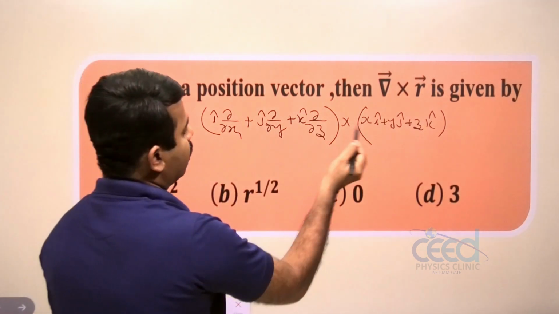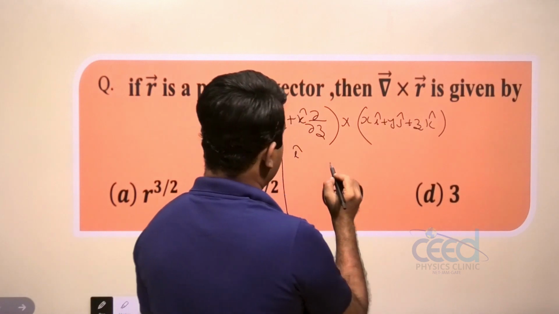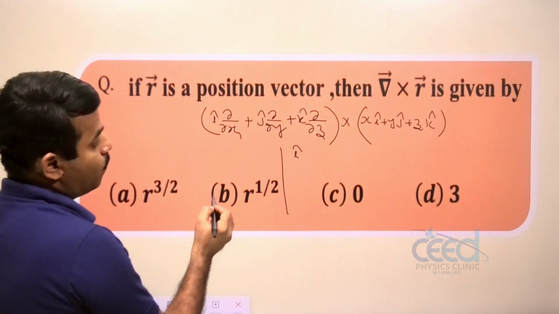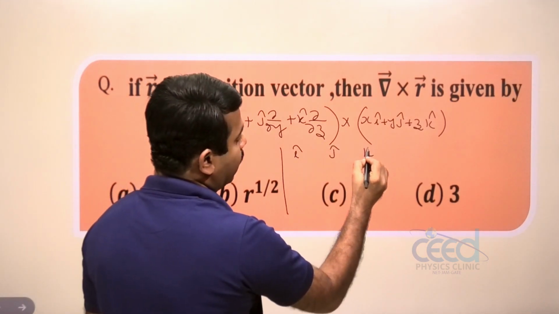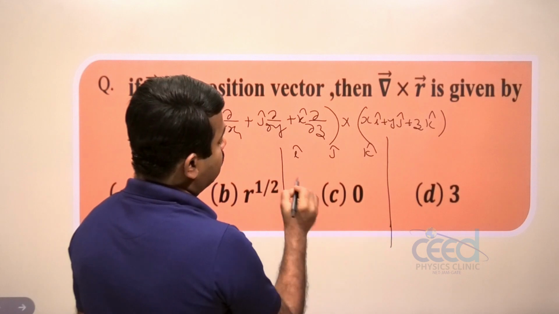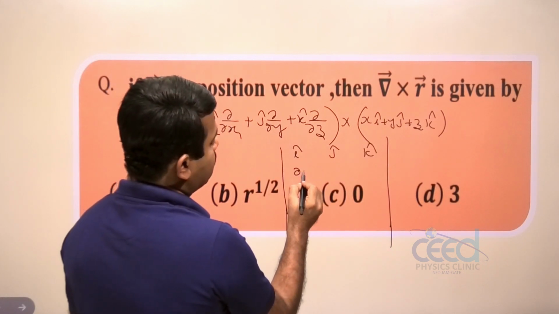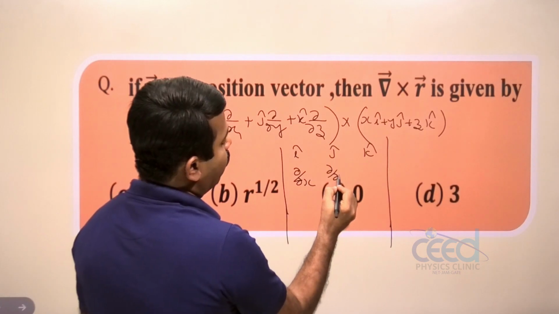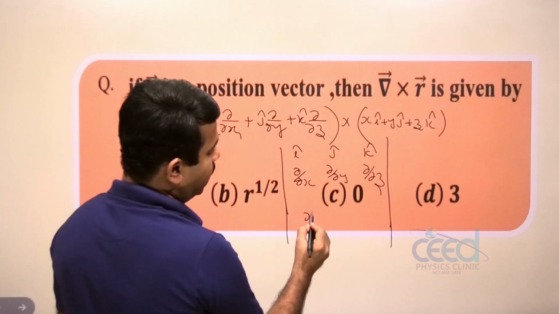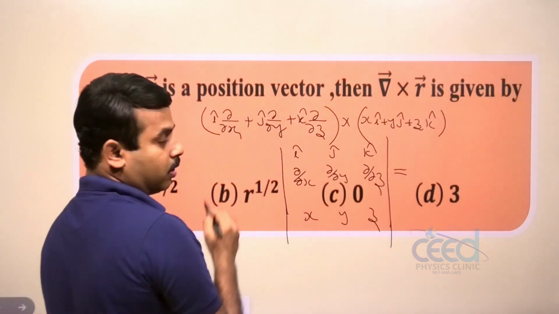Now what is del cross r? I can write here: i cap, j cap, k cap, right. Then the second row, dou by dou x, dou by dou y, dou by dou z, and in the third row I am writing x, y, z. Now expand.